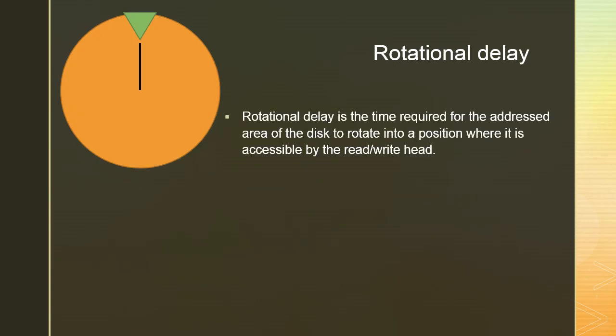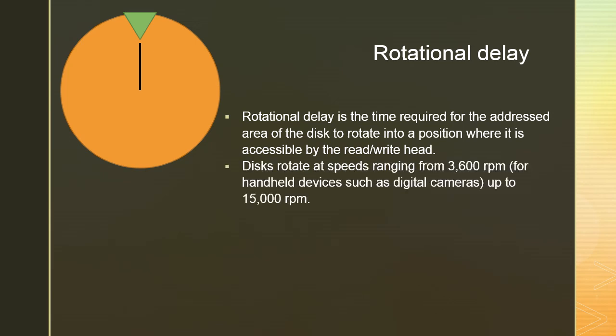Rotational delay. Rotational delay is the time required for the addressed area of the disk to rotate into a position where it is accessible by the read-write head. Disks rotate at speeds ranging from 3600 rpm up to 15,000 rpm.